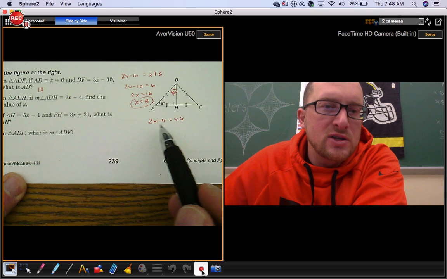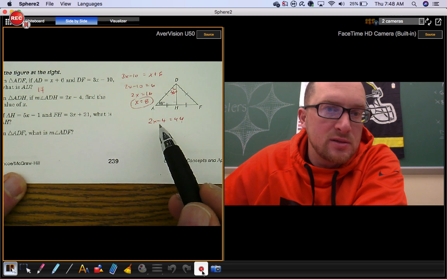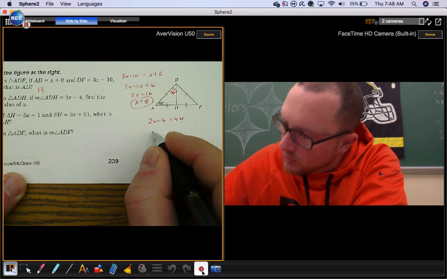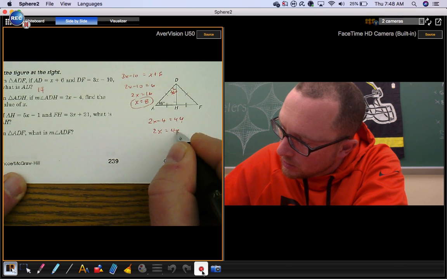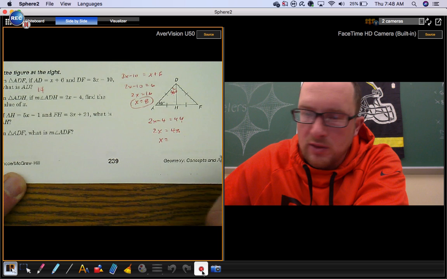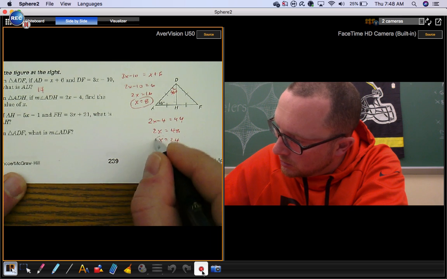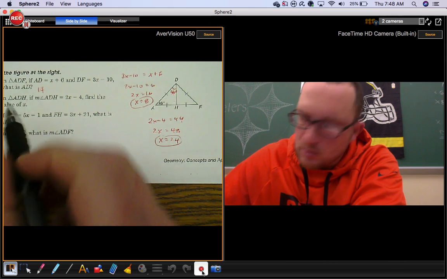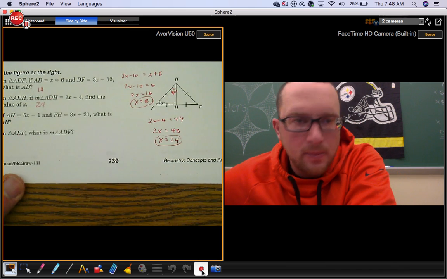So set up an equation so you can figure out what x is by making this equal to 44. We'll add 4 to both sides, and then divide by 2. Find the value of x is what they said. It's 24.